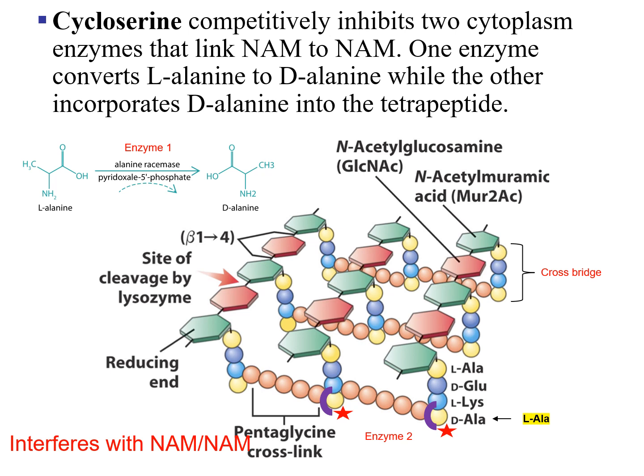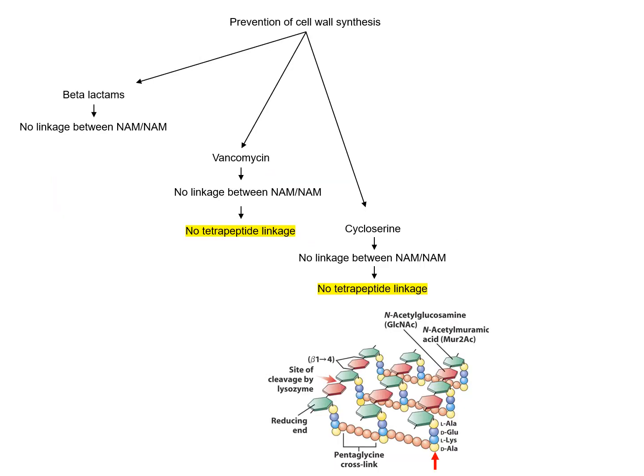If I can somehow inhibit that D-alanine, put a force field around it, or not even allow it to be produced, if either one of those occur by consuming cycloserine, I again stop the layers from forming. So the third one, cycloserine, inhibits the tetrapeptide from being able to form appropriately or completely.